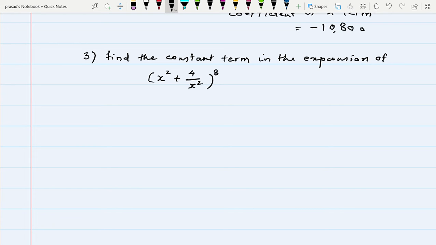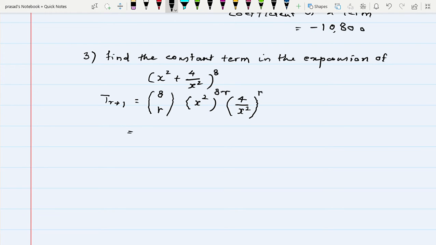For that, I will use the T r plus 1 formula directly. So here, n is 8, a is x square, b is 4 upon x square. Now, I don't know which term is the constant term, so I will take here r. So b's power will be r here, and the remaining power 8 minus r will come here.